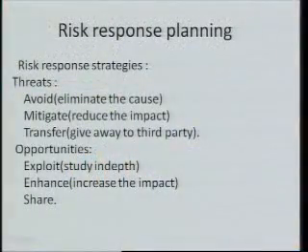The second point is to mitigate. In case you are not able to avoid the risk, let it occur, but then you try to minimize the impact of the risk. The third part is you transfer the risk and let a third party handle the risk.